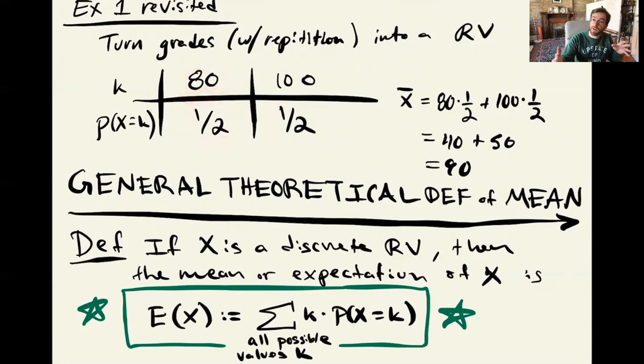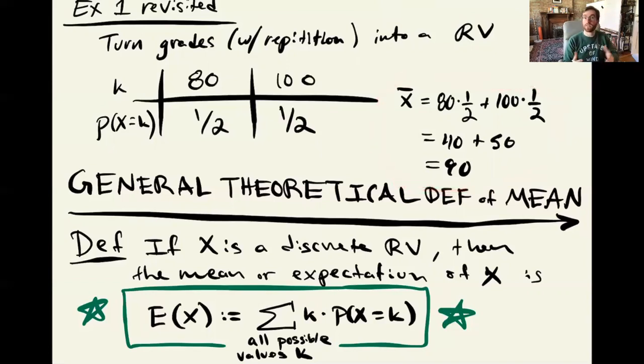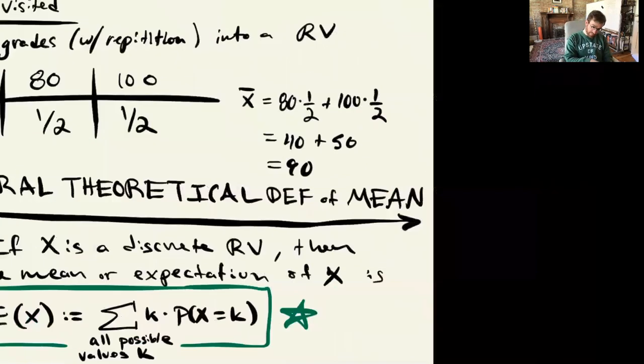And then I sum up across all possible outcomes weighted by the probability of that outcome. And that gives me the expectation. This is also called the average. We call that E of x. So we already saw how that worked here, and we saw that it actually agreed with the empirical average, where we just add up all the numbers and divide by the total number of numbers.